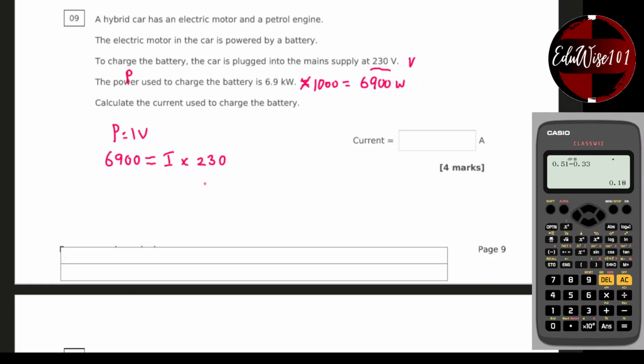So in order to find out the current, rearrange the equation. 6,900 divided by 230 should give us the answer. 6,900 divided by 230 gives me 30 amps.